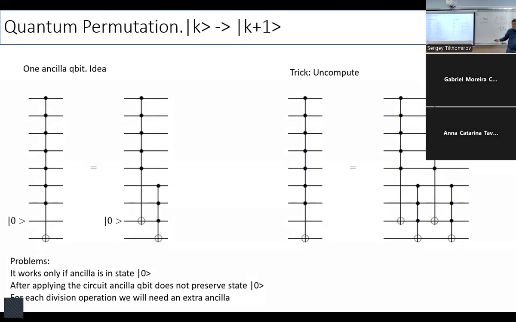Yes, for this, and moreover, it's not required that it starts at 0 and that in the end I potentially change it. I take it with an arbitrary value, and I return it in the same state as it was. So for our algorithm, we don't add a requirement for the quantum computer to have one more qubit.